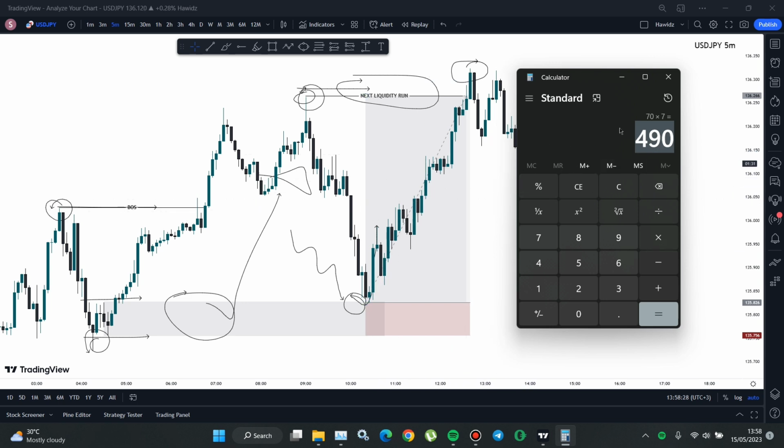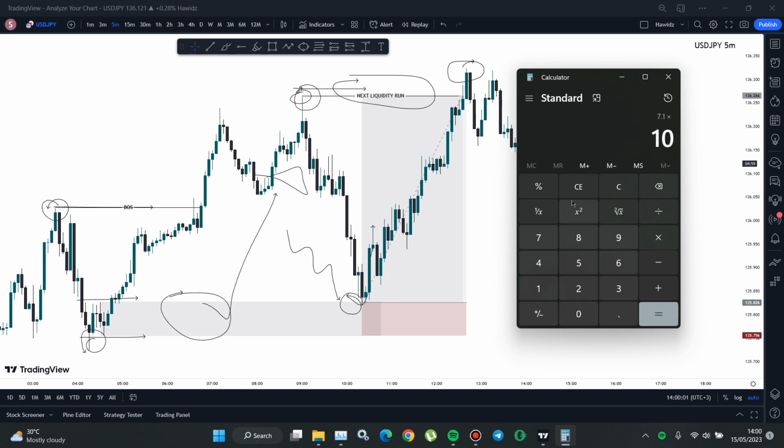So if I use a lot size of 7.1 in this trade, then I would have risked $500. And my reward, of course, if we equate it, is 7.1 times 10, because we know that each pip is 10, so with a lot of 7 it will be 71.